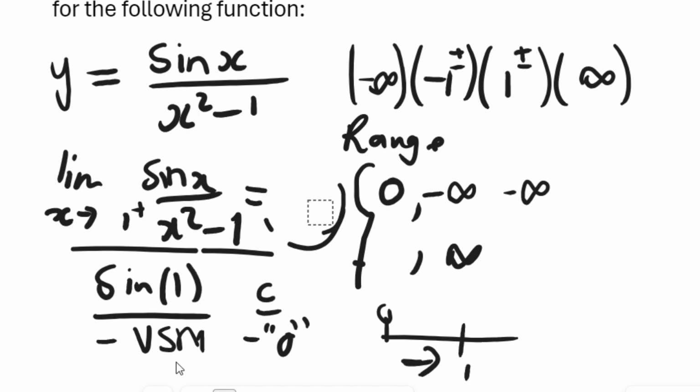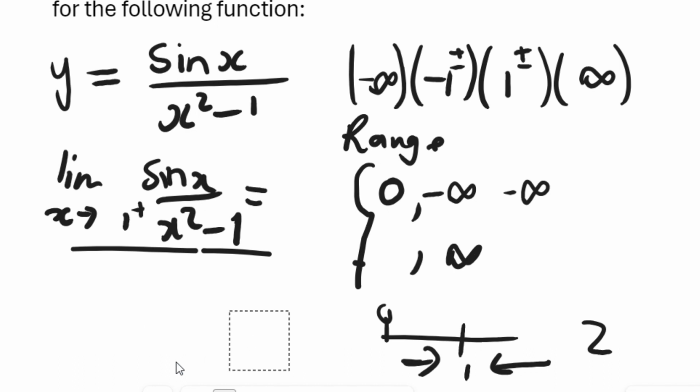Let's go from the right of +1 and find the answer. Now, as we do that, all these numbers that are in between maybe 2 and 1 are larger than 1, and when you square them, they are going to produce a magnitude that is bigger than 1. Subtract 1 from them, you get a positive, very small number. Because we keep on doing this, we say the limit as we approach 1 from the right. This means we keep on substituting. We substitute 2 first, and then 1.5, and then so on.